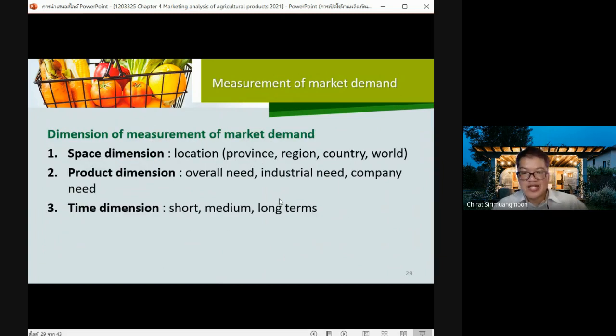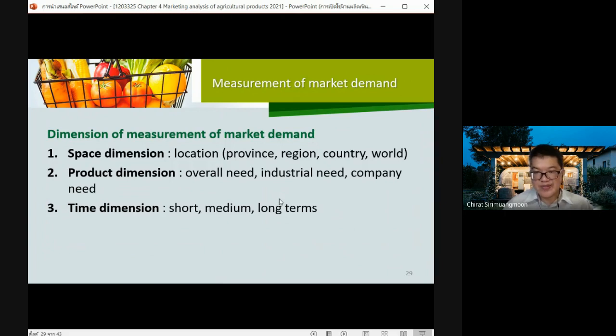Then the measurement of the market demand. Let's talk about how you're going to measure the market demands. There are 3 dimensions that you need to consider for measuring the market demand. First one, we have the space dimension. Space dimension is considered about the location.